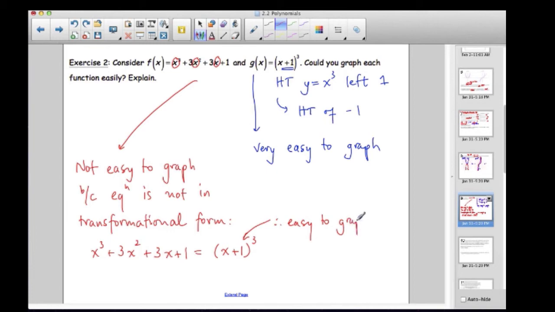But if even the constant had been plus 2, then this factoring wouldn't have been correct. But if we get a little bit creative, if we noticed we had x cubed plus 3x squared plus 3x plus 2, we could write that as x cubed plus 3x squared plus 3x plus 1 plus another 1, because 1 plus 1 is 2. And then, of course, this first piece, or 4 terms, is equivalent to (x plus 1) cubed plus 1.